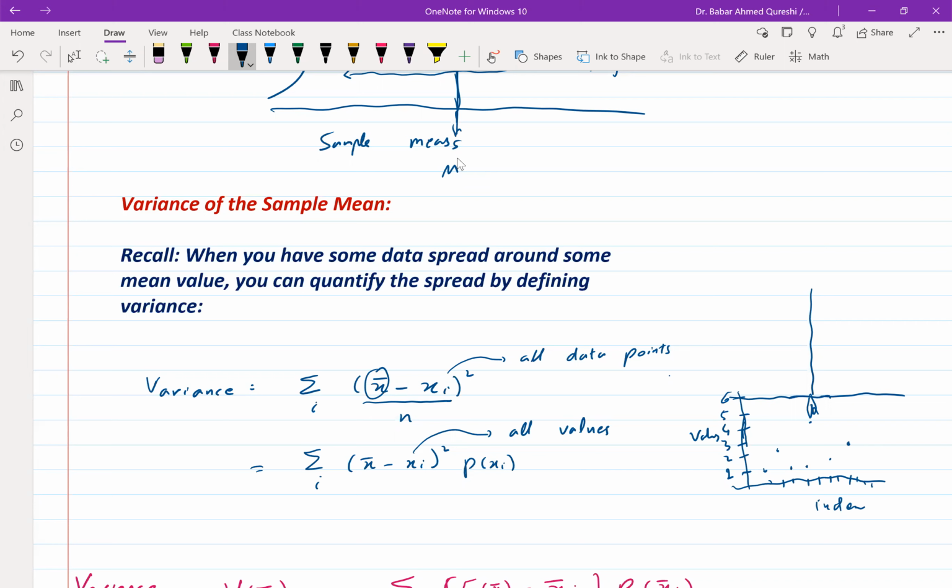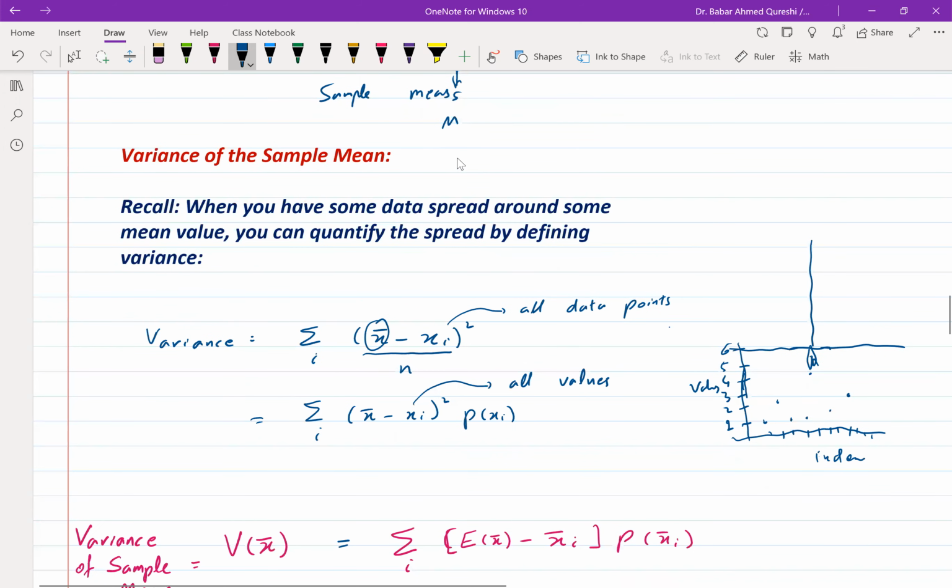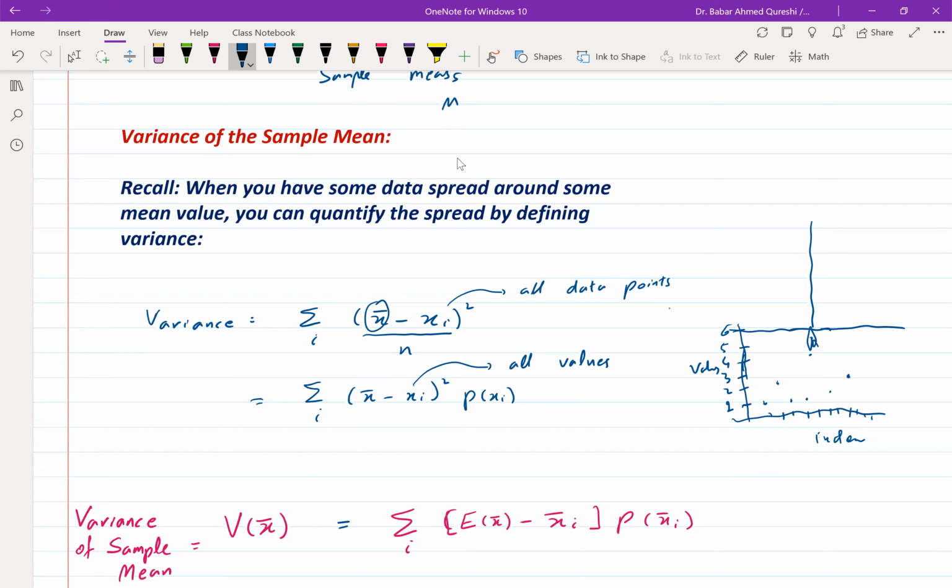And you want to know how much is the average spread around it. So the best thing to do is compute the average of the spread. So what is the spread? You take all the values, take the difference from the mean of the data, and then square it.